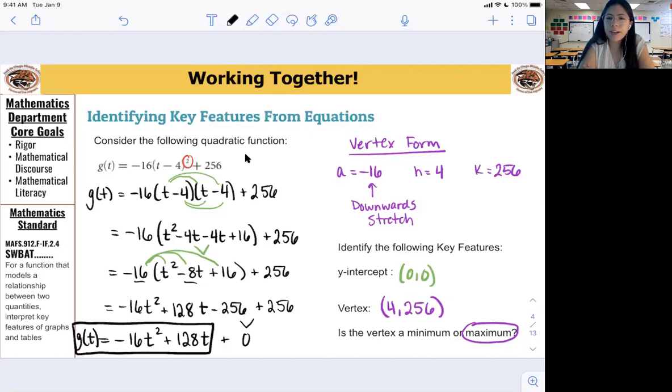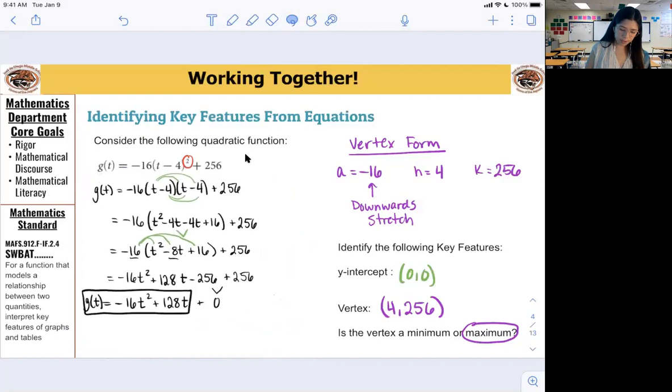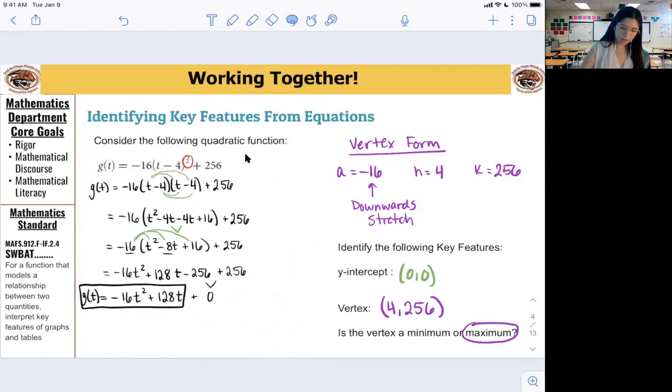Someone in the chat is asking me if it's down. Yeah, it is facing downwards. So actually, let me do this last step and I'll do a quick little sketch of what this is going to look like. It's facing downward.